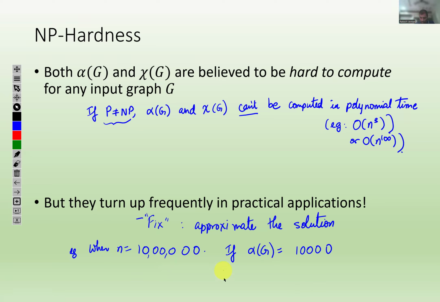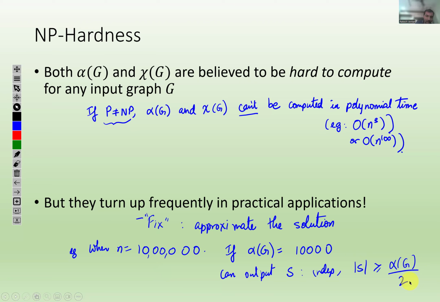But I can output a set S which is independent, and the size of S is at least maybe alpha of G by 2 or something. So instead of 10,000, I'll give you an independent set of size maybe 5,000. And typically in applications, this may be good enough because you may not get the optimum, but you're getting relatively close to it. So this is the notion of an approximation algorithm.